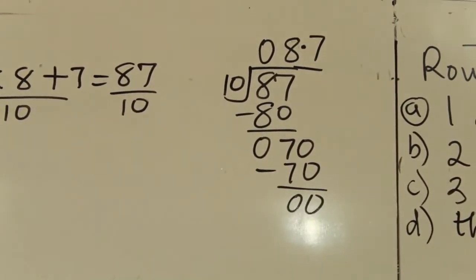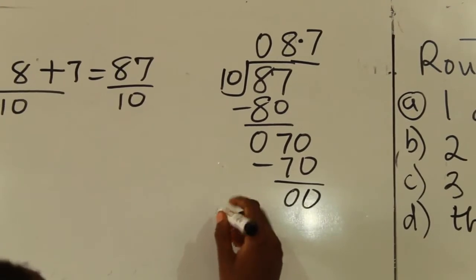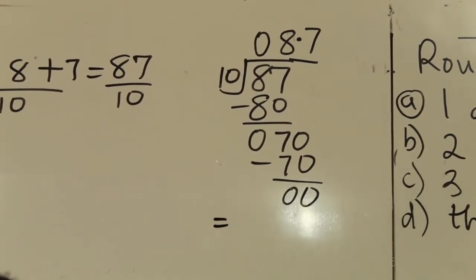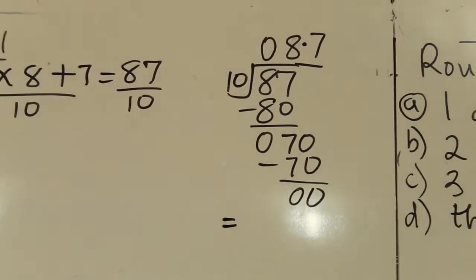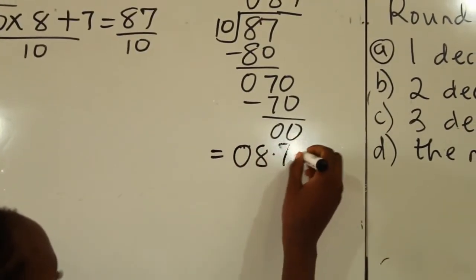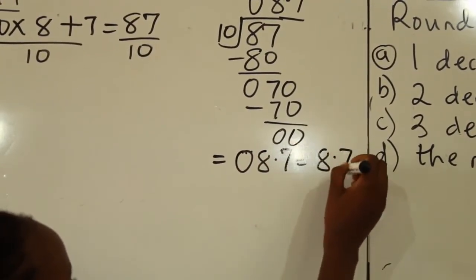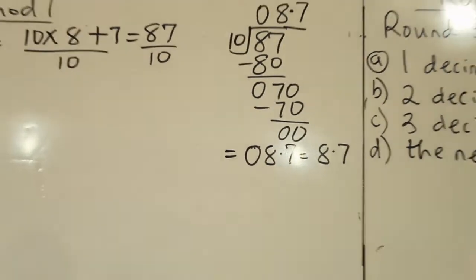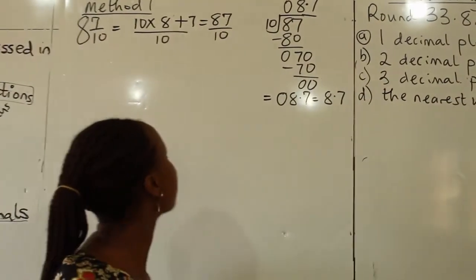So our answer is 8 whole number 7 over 10 is 8.7. That's for the first method.